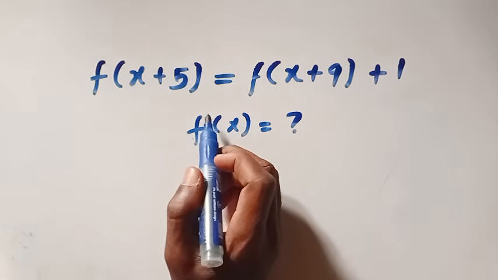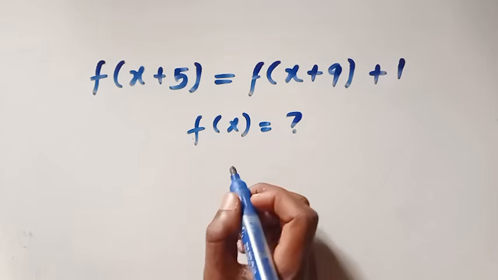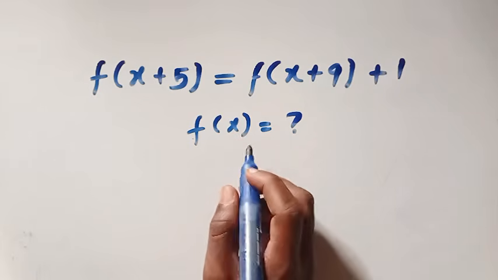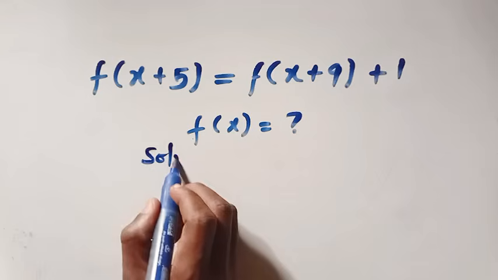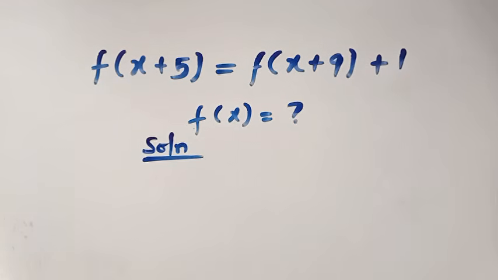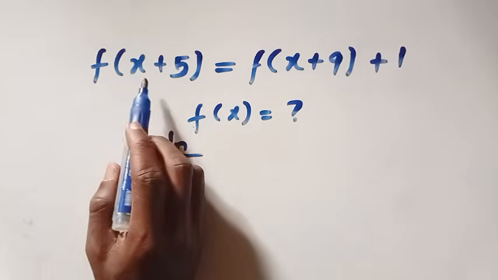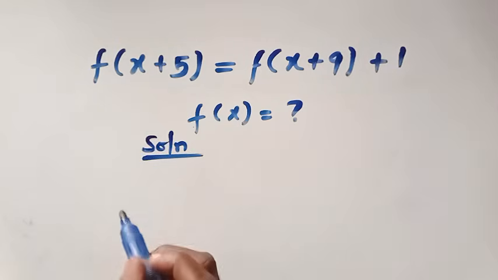This functional problem is a shift difference functional equation. So let's see how we solve this problem step by step. First, suppose I try to shift this. We have x plus 5.